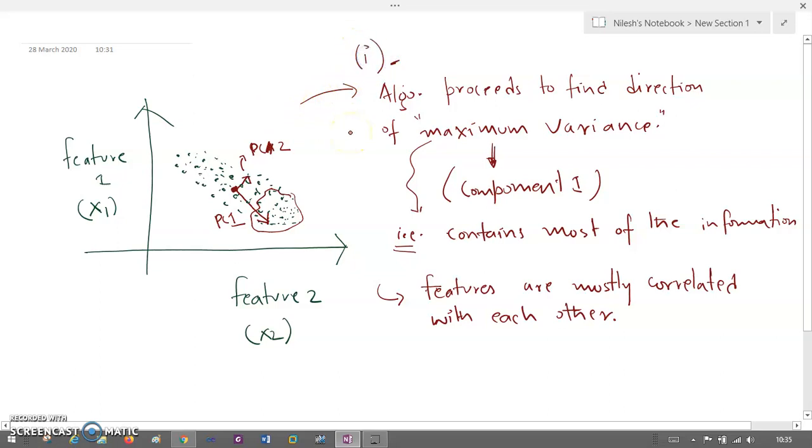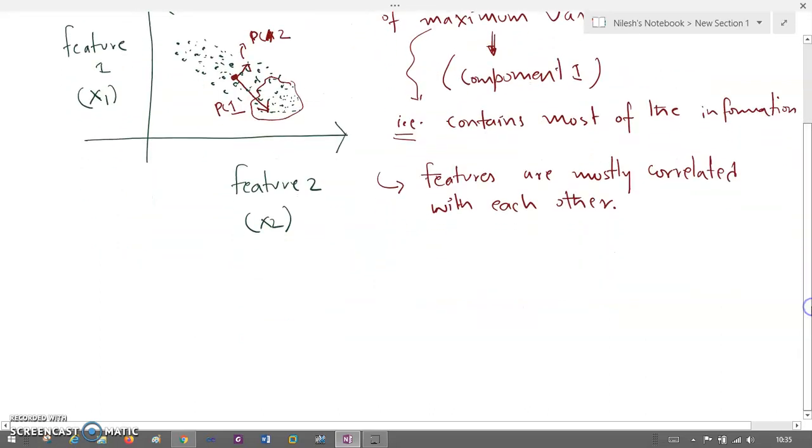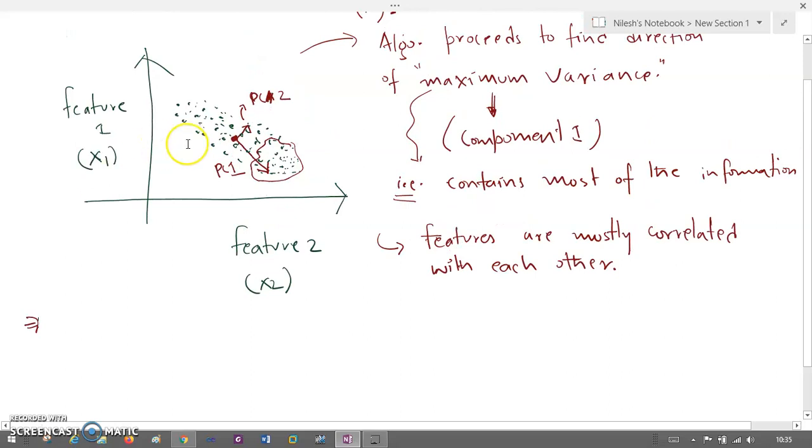And what is going to be the second step? The second step is very similar to the first step, but what it's going to do is, it will again go to the data set, and it will find the next maximum variance. Okay, it will find the next possible higher range of information available in the data set, and it will direct towards it. But what is the direction?